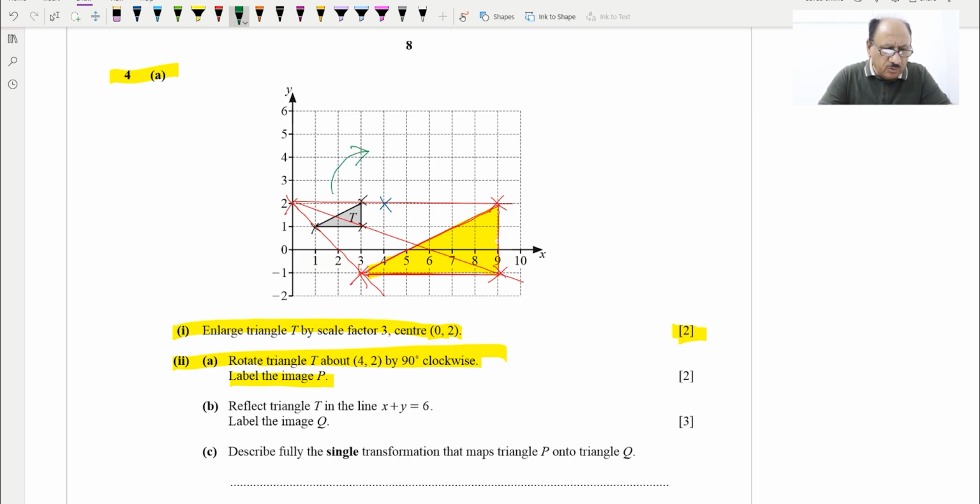For rotation it is better to use tracing paper, which is allowed and available in the exam, and you can take your own tracing paper as well. If you rotate this about (4, 2), it will be over here.